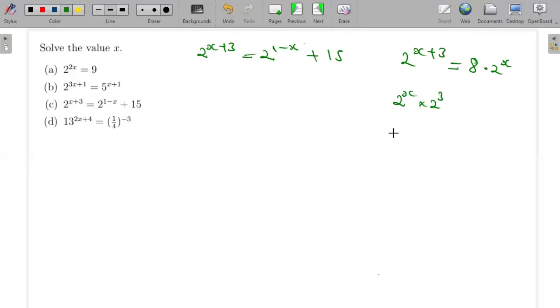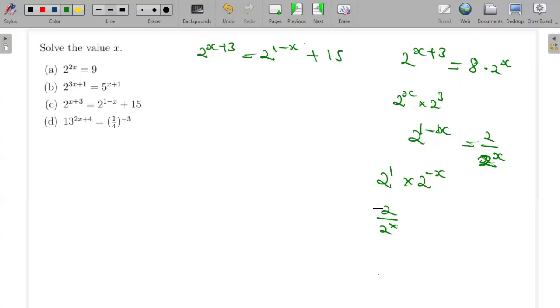So I can write that like that, and then I can write the 2 to the power 1 minus x as 2 over 2 to the power x. Okay, I can write this like that. How? You see that you have 2 to the power 1 multiplied by 2 to the negative x. This negative means I can bring it down. So I have 2 over 2 to the power x. Okay, so I can write that like that also.